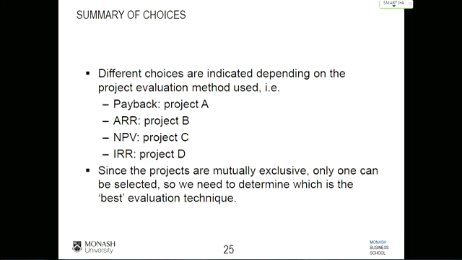So, now we are comparing the 4 different criteria that we've been looking at. Payback method, ARR, NPV, and IRR. You can see that by choosing different criteria, you end up choosing different projects. The decision is not going to be consistent.